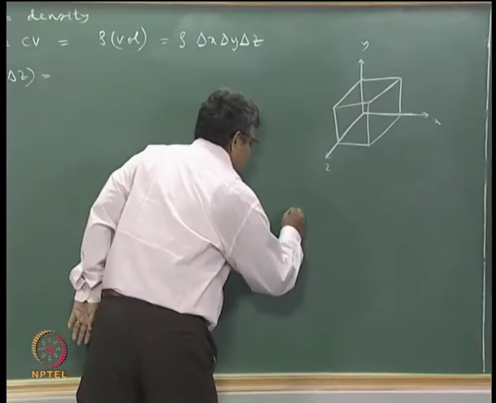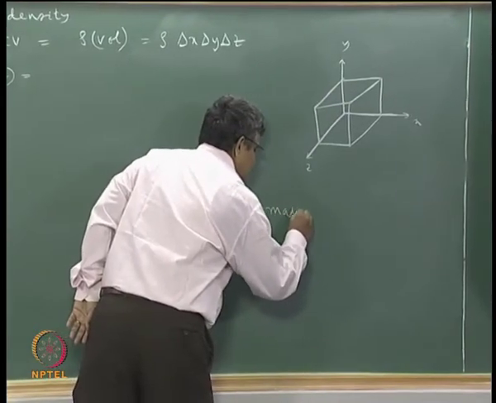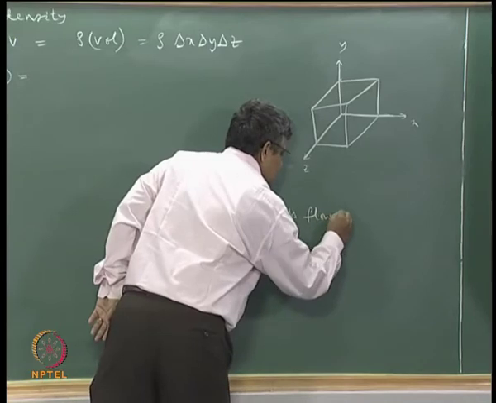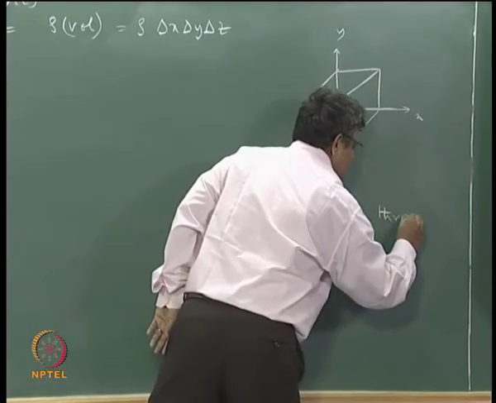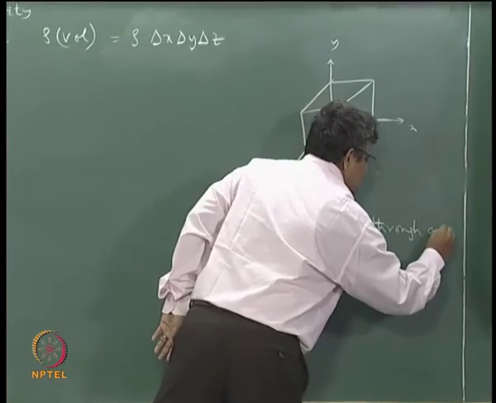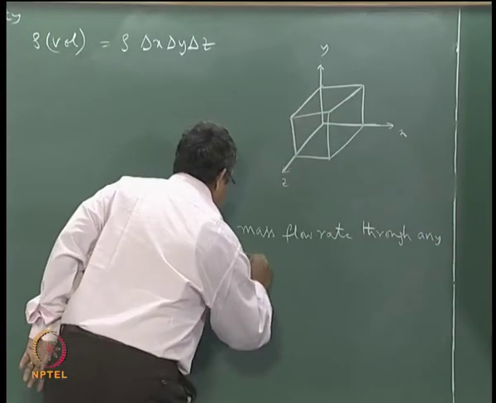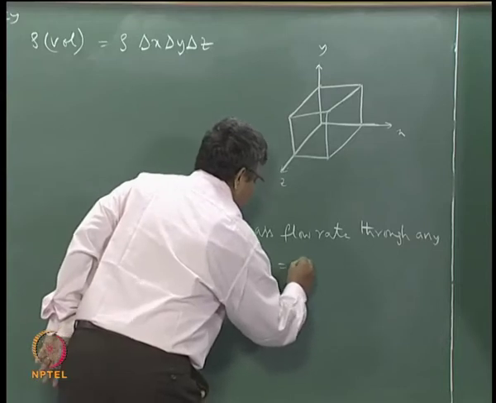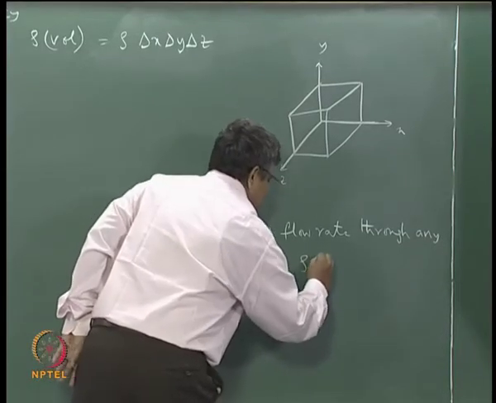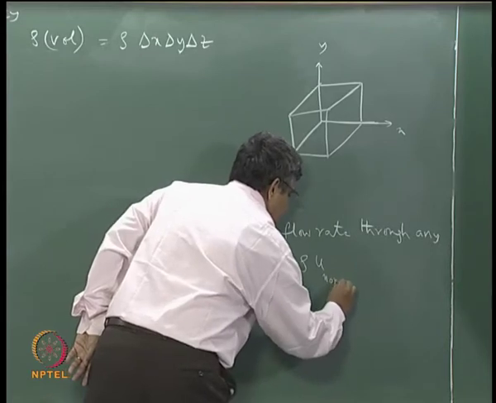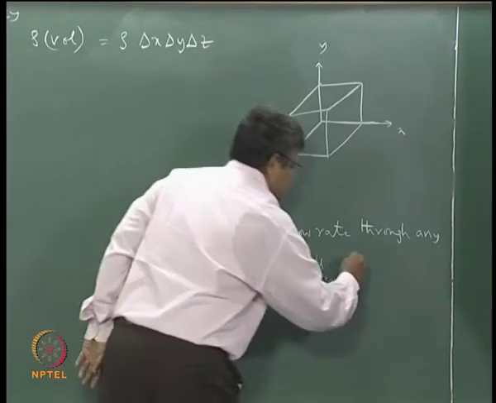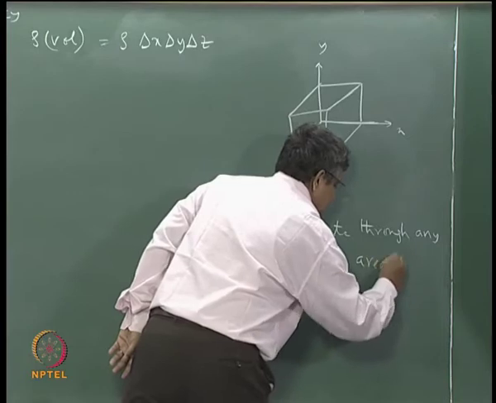So we can say that mass flow rate through any face is equal to density times the velocity which is normal times the area of the face.